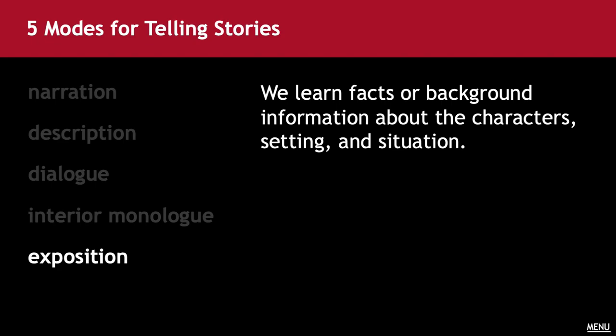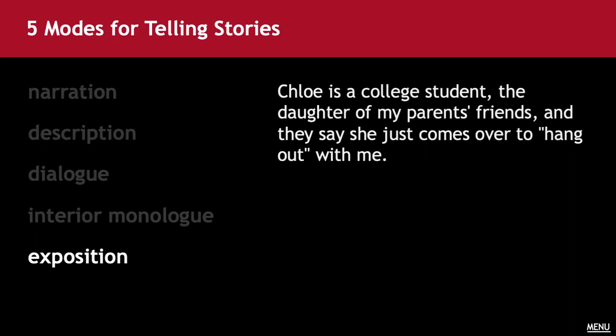And then finally, it's the exposition. So this is where we learn facts or background information about the characters, setting, and situation. So in this example, we learn who Chloe is. We also learn that Bree's parents understand that she might feel embarrassed to have a babysitter. So in the past, they have used another term for babysitting.